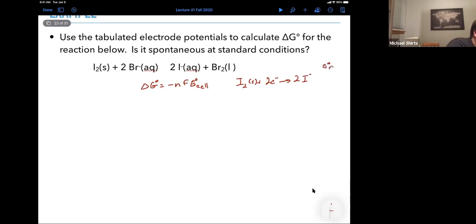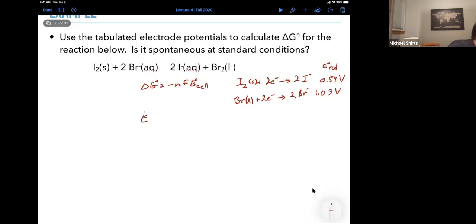Our reduction potential is 0.54 volts. And then bromine liquid plus 2e minus goes to 2Br minus. That has 1.09 volts, but we're actually doing the oxidation of bromine.